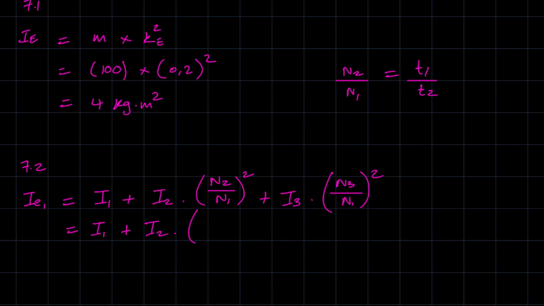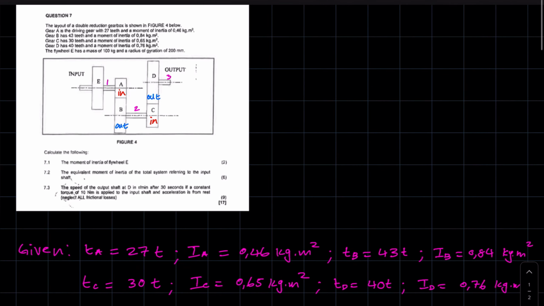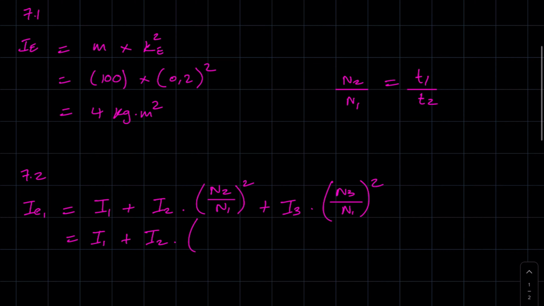But because we're not necessarily looking at 1 and 2, we're looking at gears A and B. N1 is the input, and N2 is the output. So in terms of number of teeth, this would have to be T in over T out.